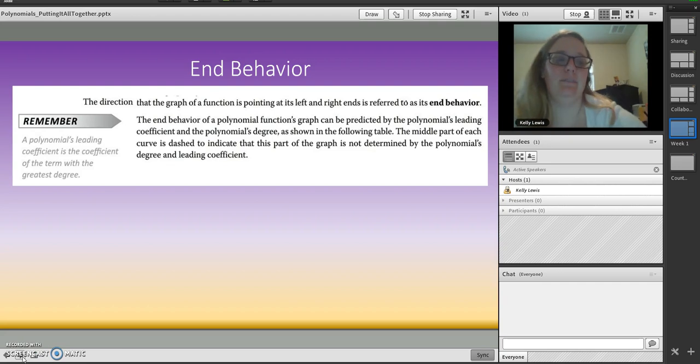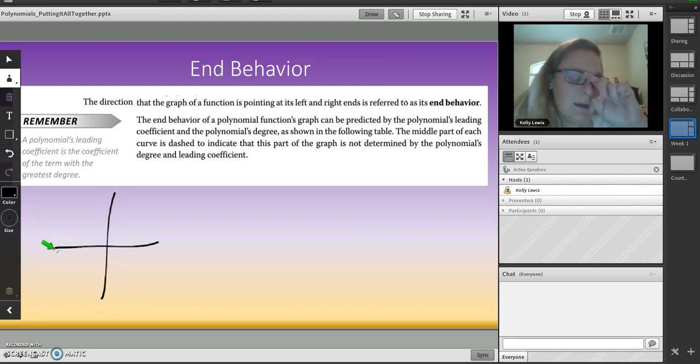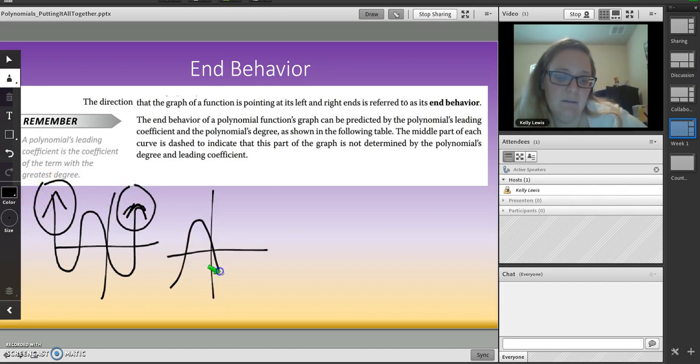All right, the end behavior is like this. You could have something that goes like that, where the end behavior is like this, where it goes up, up. You could have something like this, where it goes down and then up.